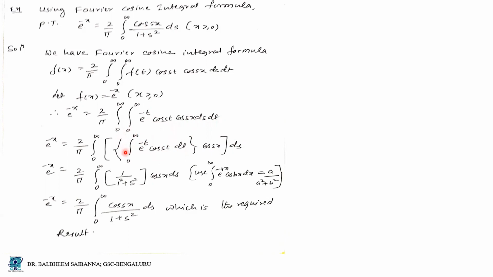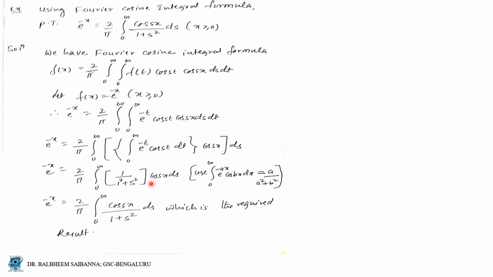Now this inner integral value we get using this formula: integral 0 to infinity e to the power of minus ax cos bx dx is a divided by a square plus b square. Here a is the numerator, and a square plus b square is the denominator. Comparing this integral to the standard result, here a is 1.